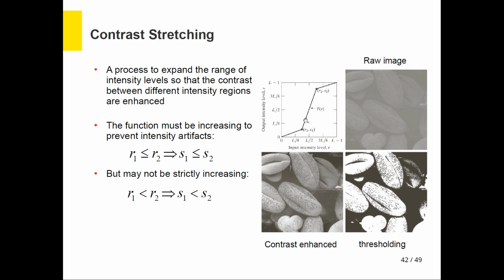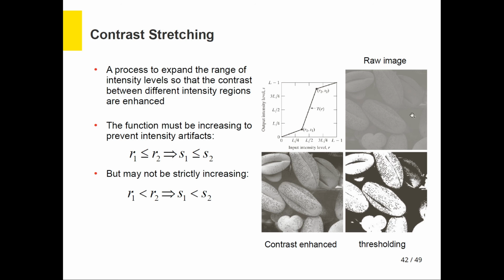This is an example of a contrast stretching function. As you can see, by changing the values of R1 and S1, R2 and S2, you can design different functions to be applied to your image.